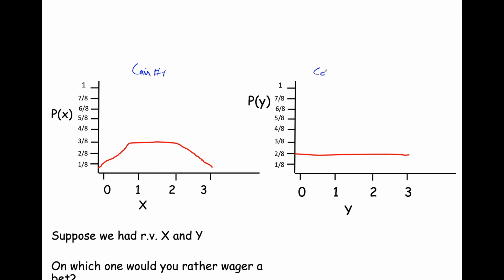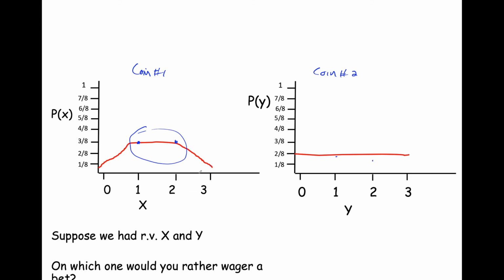Now, the problem with coin number 2 is that if you make a guess, there are many more ways to get it wrong, but if you look at the probability mass for this region, for outcome number 1 and outcome number 2, it's 3 times the probability of the 0 and the 3. So if you were to guess either the 1 or the 2, you'd be right more often than if you guessed either the 1 or the 2 for the second coin.